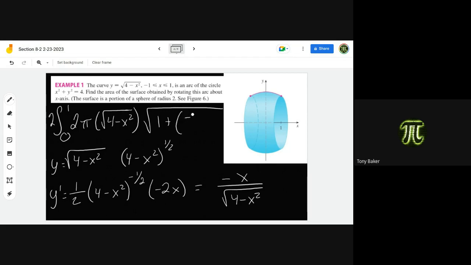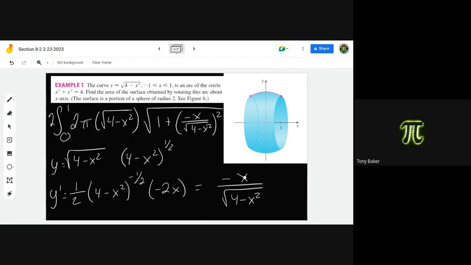So I could put that in here, squared. The derivative of the inside is negative 2x, and then I have the 1/2 out in front.